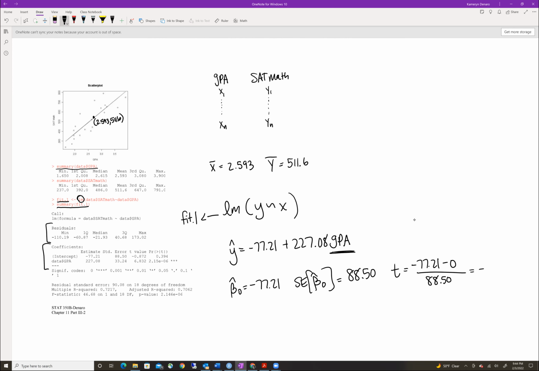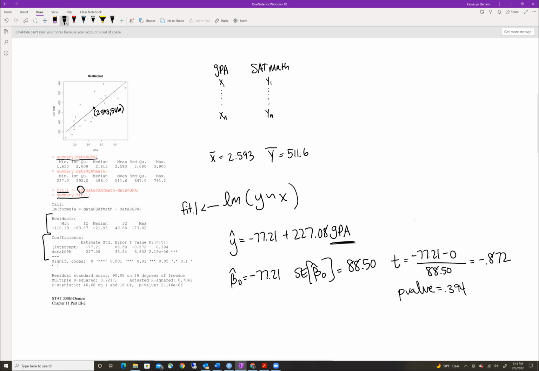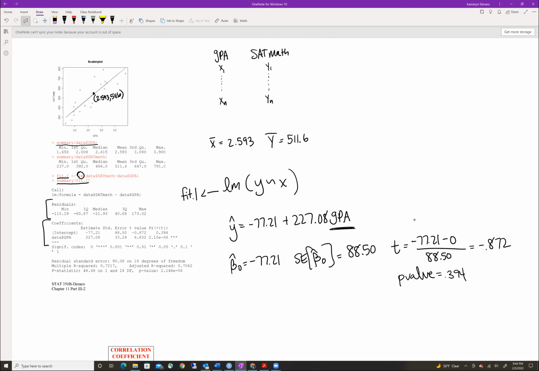And that should be equal to -0.872. And then if you get the corresponding p-value where your degrees of freedom are equal to n-2, then you should get a p-value of 0.394.